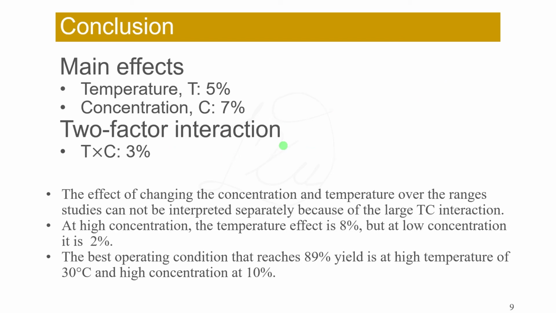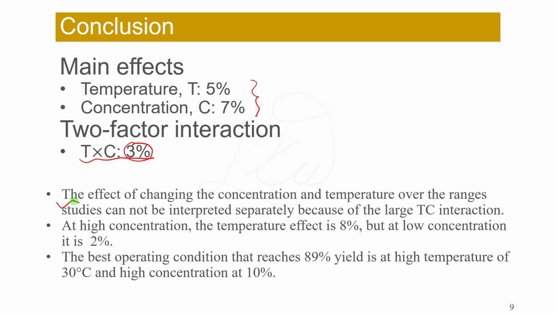Finally, let's look at the result. As the temperature and concentration interaction is relatively large, the interaction is 3% compared to the main effects, which are 5% and 7%, this 3% is relatively large. In this case, we don't interpret the main effect of each factor individually, and the values must be considered jointly.